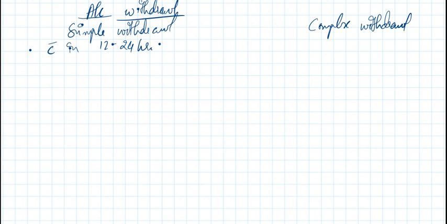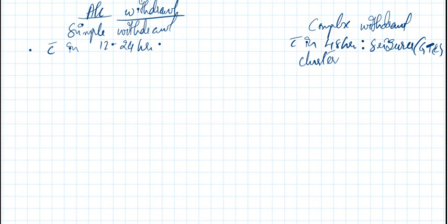Complex withdrawal is seen within 48 hours, and you also observe seizures. Which type of seizures? GTCS, generalized tonic clonic seizures, and clusters of seizures.